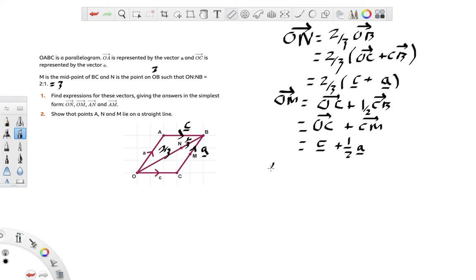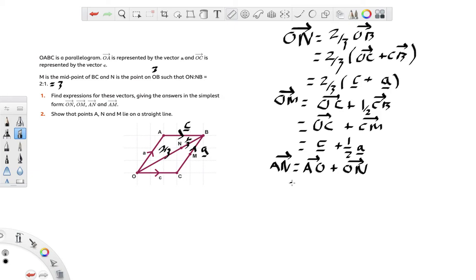Then we have A to N. How are we going to define a path for this? Well, we're starting at A, so we've got to go from A to O, then O to N. So writing that down, we go from A to O, and then adding on O to N. And how will we do that?